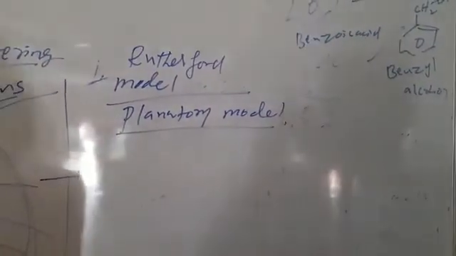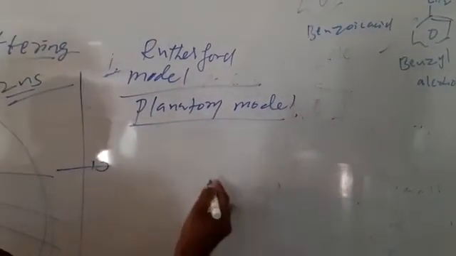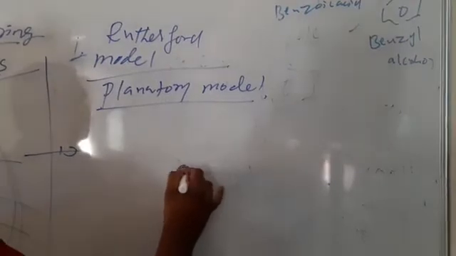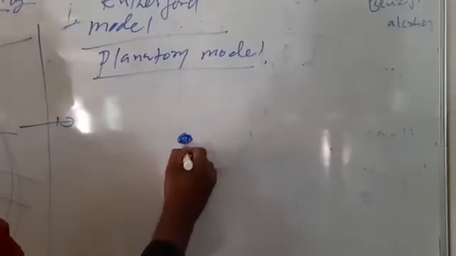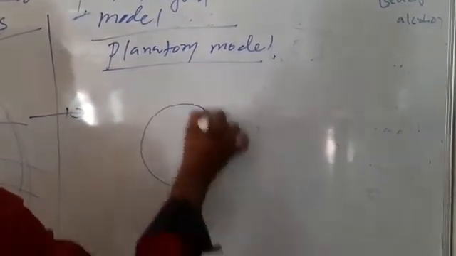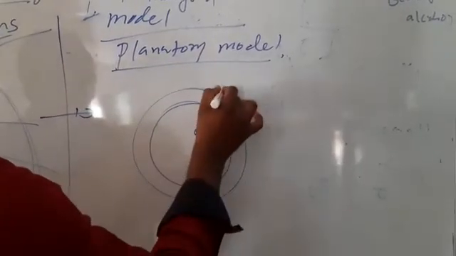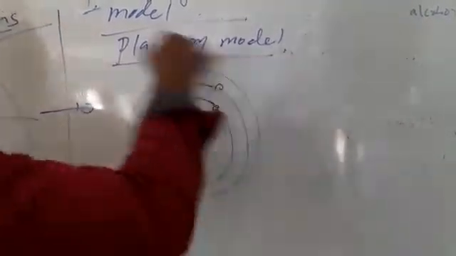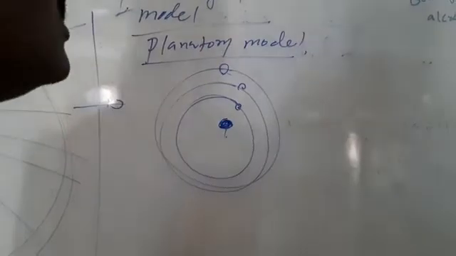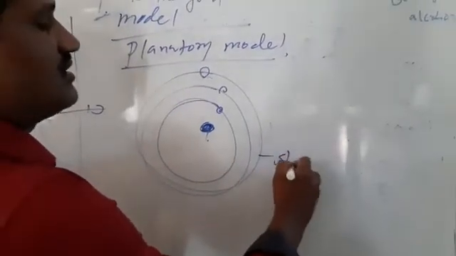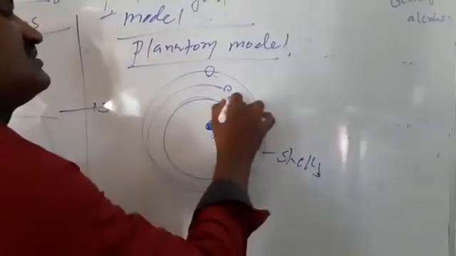According to him, the atom has a nucleus inside, which has a high positive charge. Around the nucleus, electrons revolve in circular orbits, called shells or orbits.